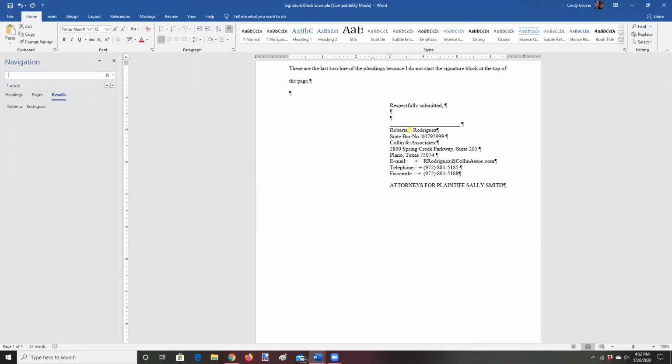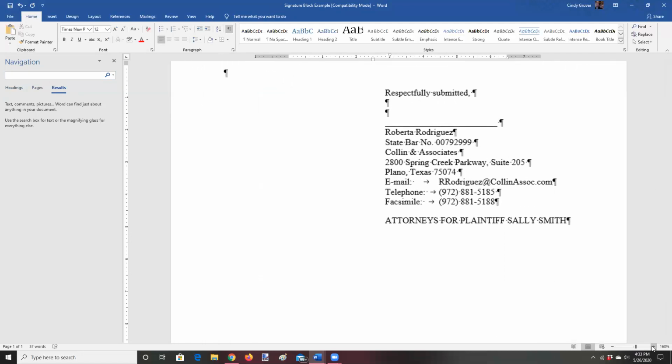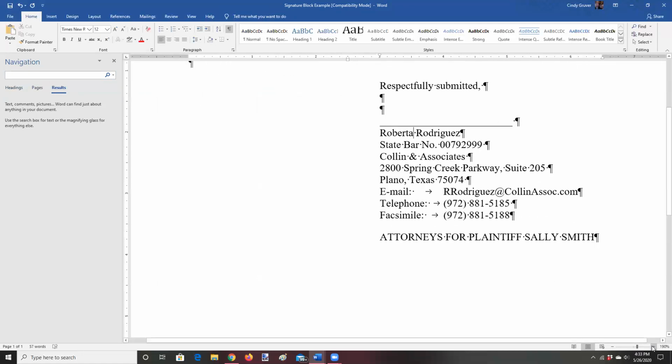If you happen to use only one period between sentences, then you could get away with just doing 2 spaces. So that's a way to make it easier for yourself so you're not straining your eyes. Another thing that's helpful is to blow up the screen so you can see it easier.